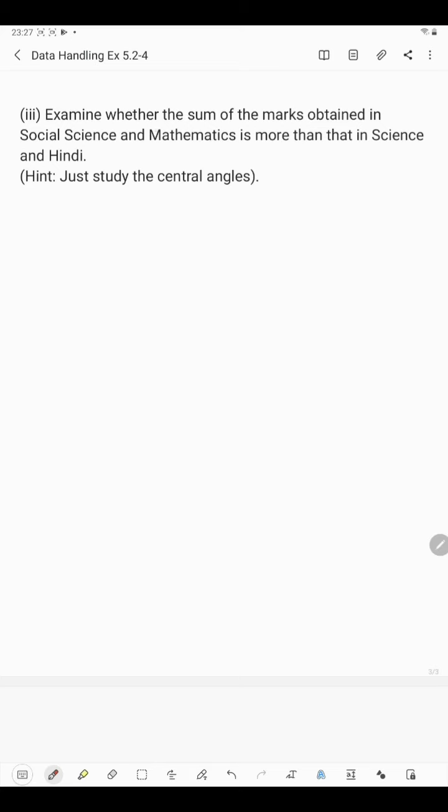So here we will have to find the sum of the marks obtained in social science and maths, and see if it is more than that in science and Hindi. For this we don't have to find the marks in all the subjects. We will just study the central angle.